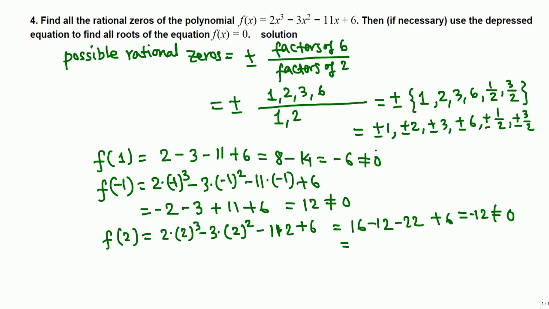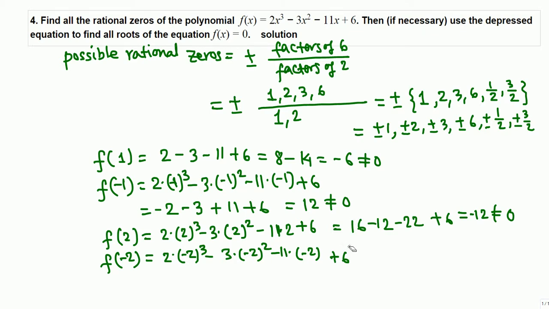Now we want to go to -2, f at -2. Now just replace x by -2, so 2 times -2 cubed, minus 3 times -2 squared, minus 11 times -2, plus 6. Okay, let's use the calculator to evaluate the value. Negative cube is -8, 8 times 2 is 16, -16.